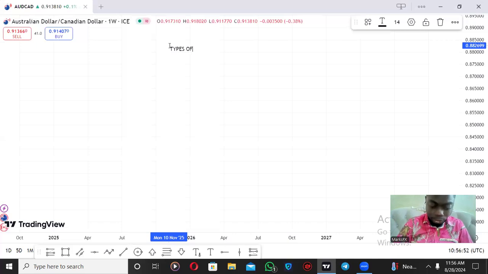Pay attention because I'll be going into details. Lot size, values, and dollar equivalent.